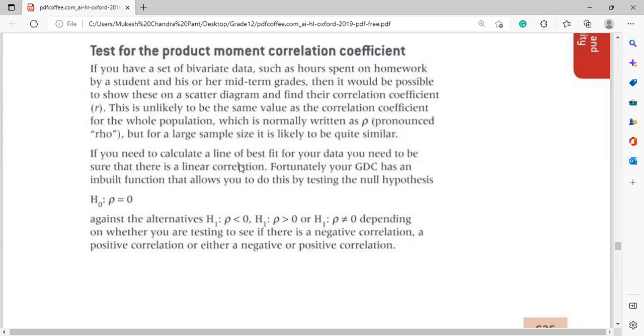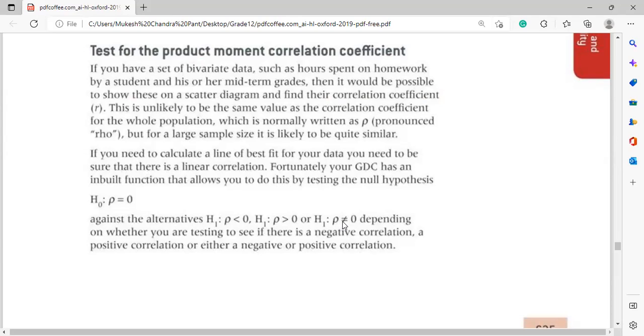If you need a calculator to find the line of best fit for your data, we know we use the GTC. Here the null hypothesis will be rho equals 0. The alternative hypothesis is either rho less than 0, greater than 0, or not equal to 0.